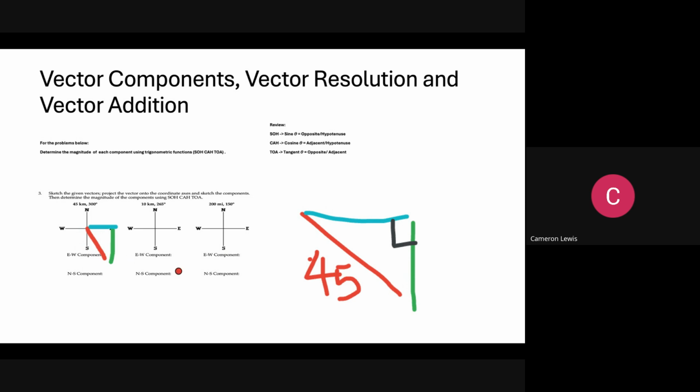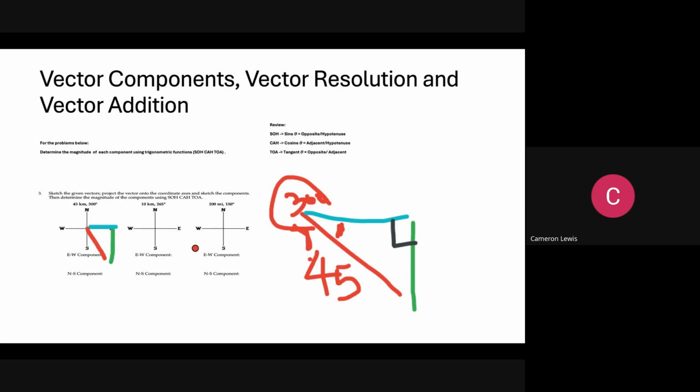So it's at 300. All of this is 300. Just hold that and know that the whole entire angle is 300. But we're looking at this little bitty angle right here.